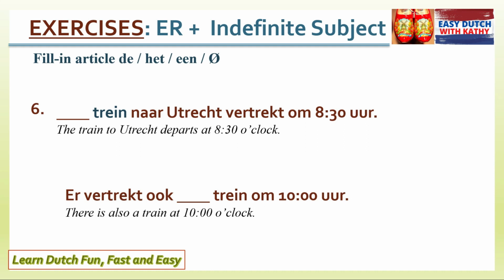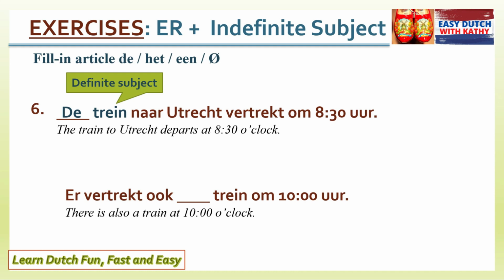Let's have a look at the word trein in the first sentence. It is a definite subject because we already know that the train to Utrecht is leaving at 8:30, and trein goes with article "de".